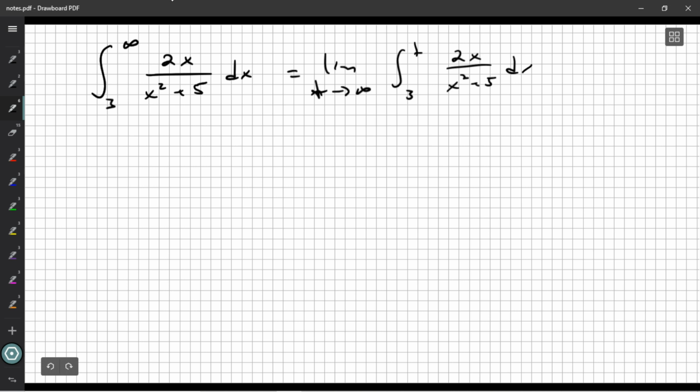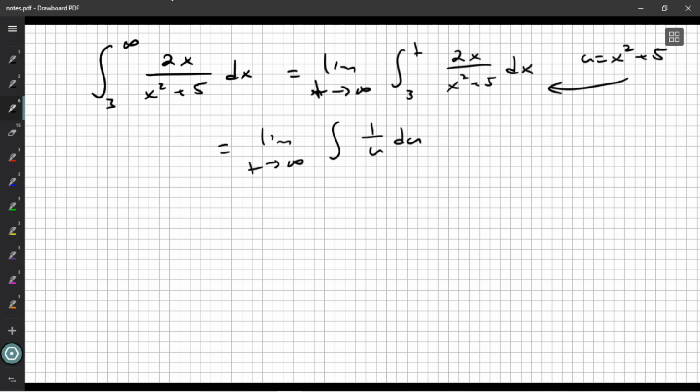All right, we use limits to help us work out whether type 1 improper integrals converge or diverge. Okay. Now this one here, you can play around with it. It's just a quick substitution. You know, u equals x squared plus 5. Okay. And so this will be 1 over u du. I would encourage you to check it out, make sure I'm not just making things up.